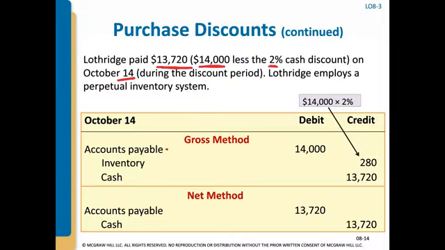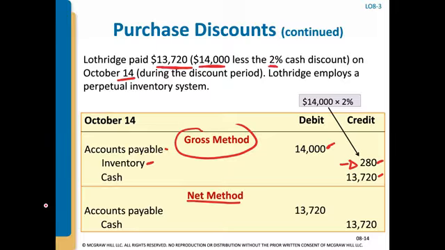So now I'm going to debit 14,000, not taking into account the 2%, and I paid cash 13,720 because that was 14,000 less 2%. But I have to reduce my inventory by $280. So under the gross method, on October 14th, my inventory got reduced by $280.